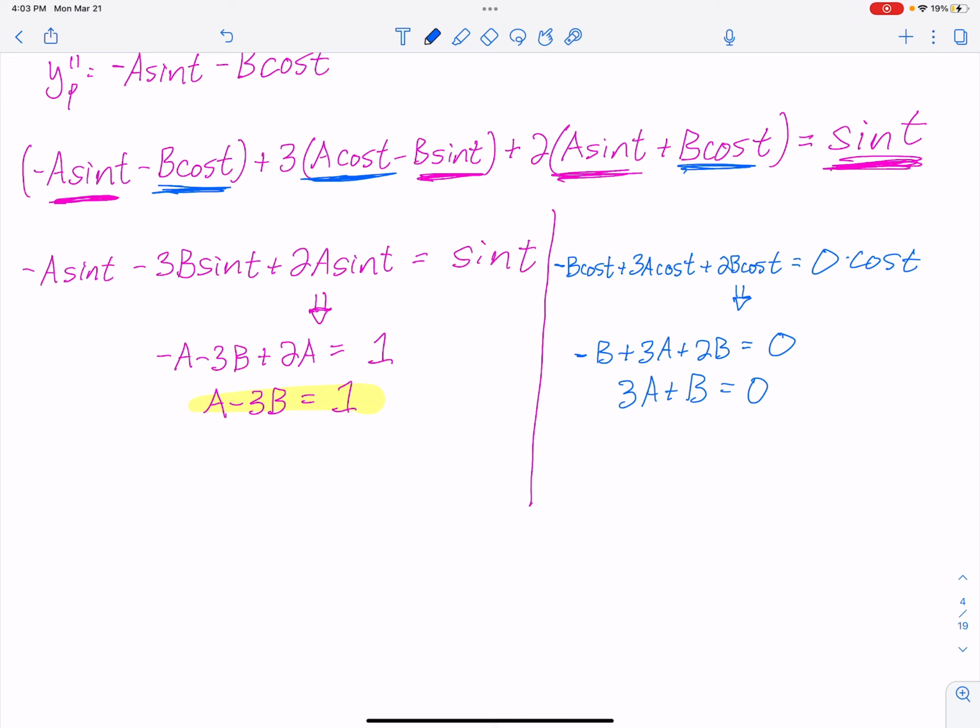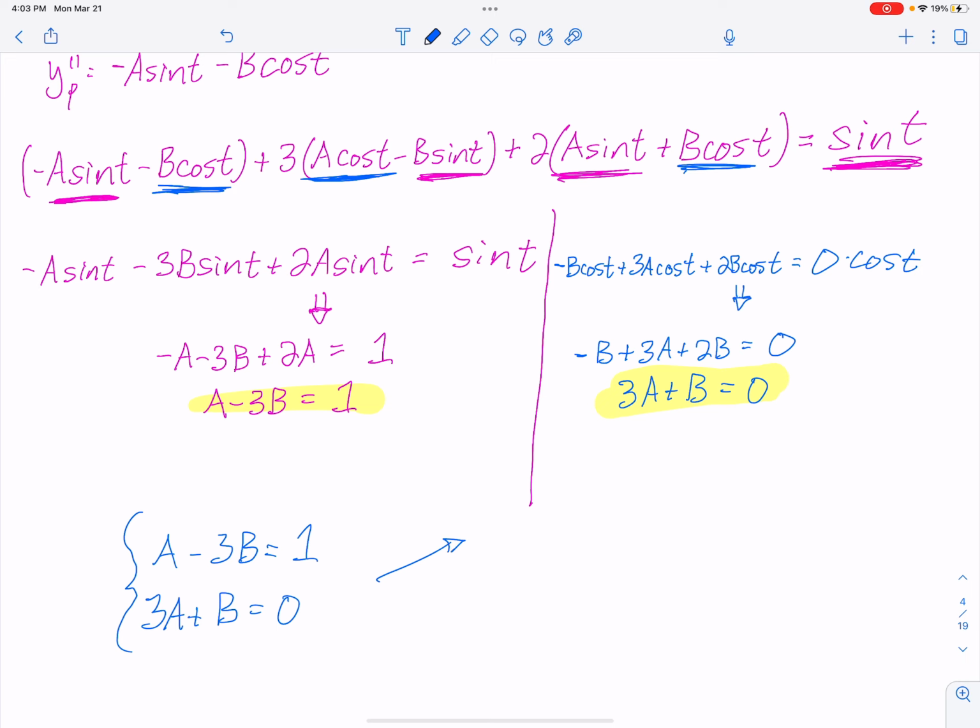There's a couple things you could do here. Here are my two equations. Now I have two equations and two unknowns, so I just need to solve those. I'm going to write those down here. My system is a minus 3b equals 1, and 3a plus b equals 0.